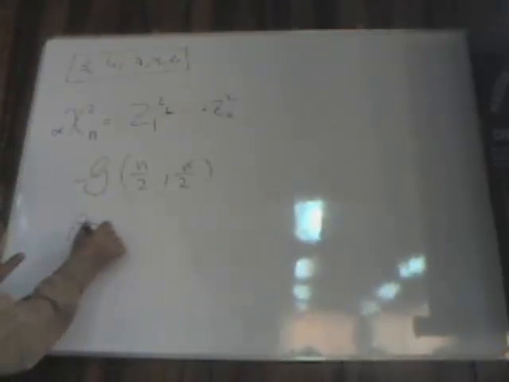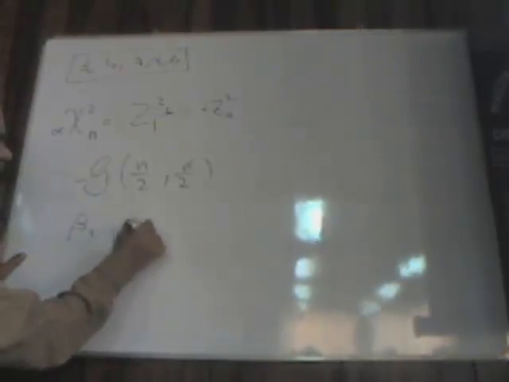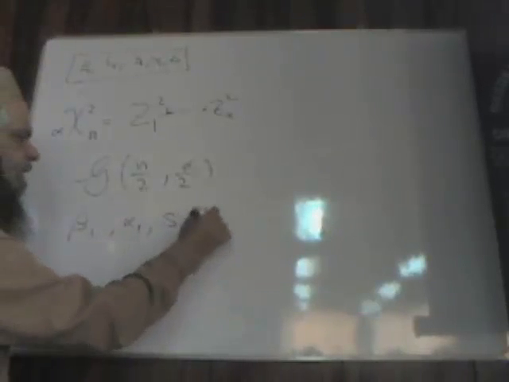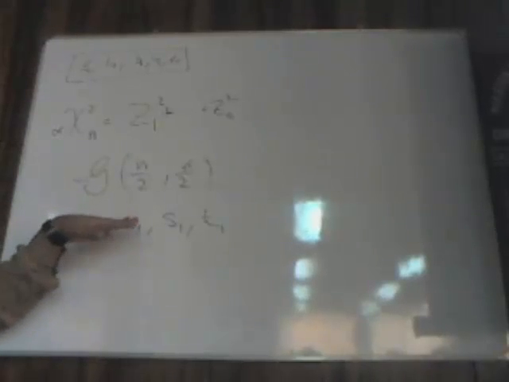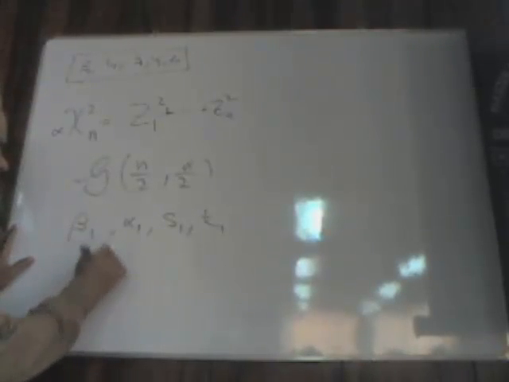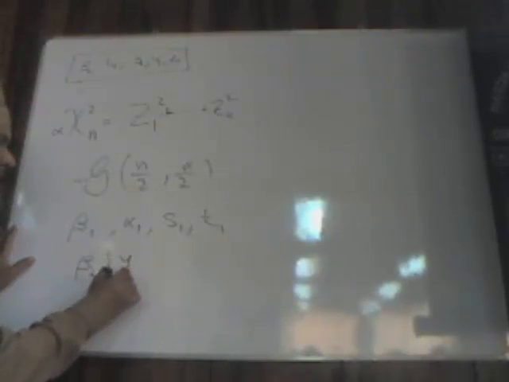So then you have beta 1, alpha 1, S1, T1. Now these things are fixed. You have generated them. Now for the second one, you use these values and you get beta 2 conditional on y. Y remains the same throughout.